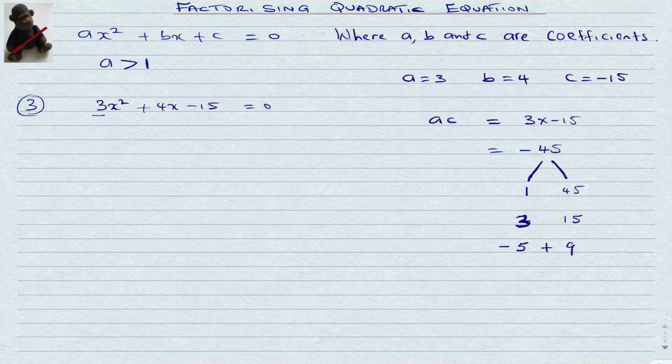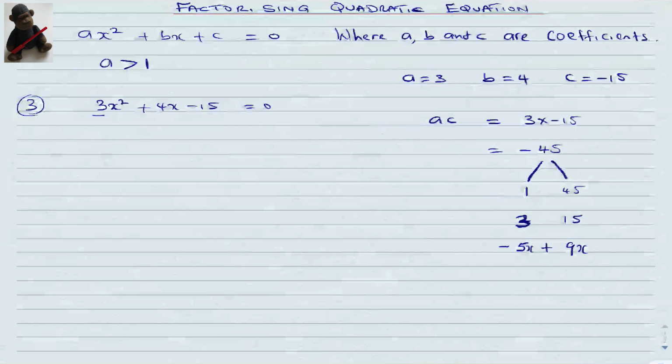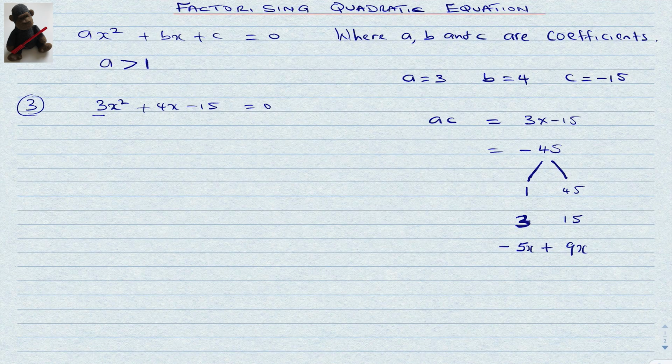So now to do that, we need to put x behind 9 and x behind 5, and that will give us the two numbers we need to replace 4x by. So we take minus 5x plus 9x and replace it with plus 4x.